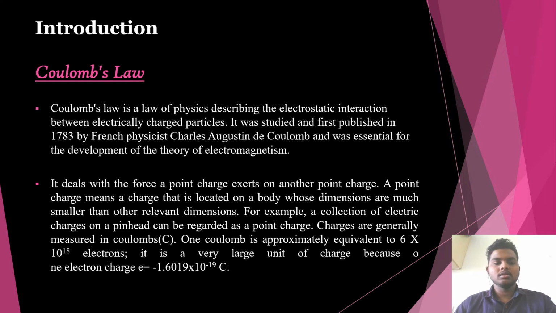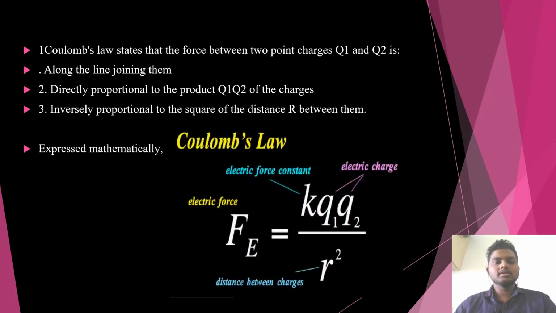Charges are generally measured in coulombs (C), and one coulomb is approximately equivalent to 6 × 10^18 electrons. It is a very large unit of charge because the electronic charge e is equal to -1.6019 × 10^-19 C. Coulomb's law states that the force between two point charges Q1 and Q2 is along the line joining them, directly proportional to the product Q1Q2 of the charges, and inversely proportional to the square of the distance R between them.